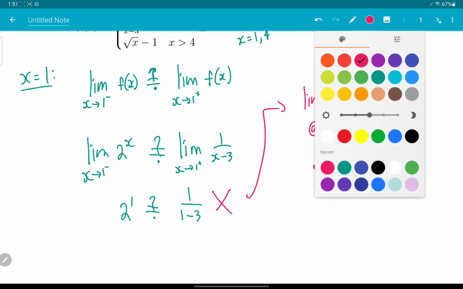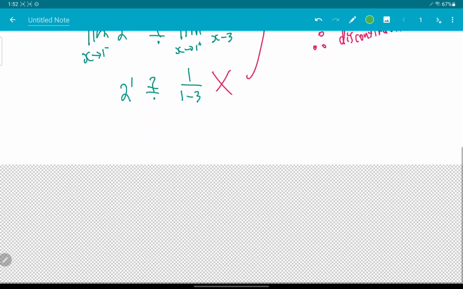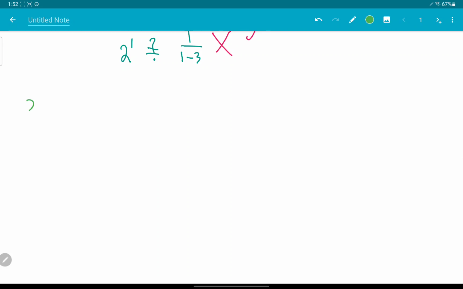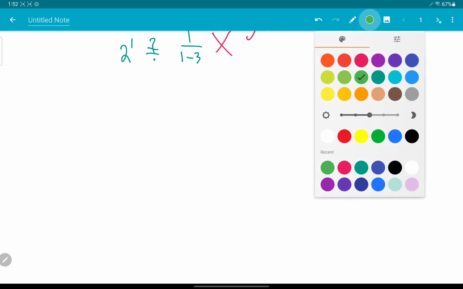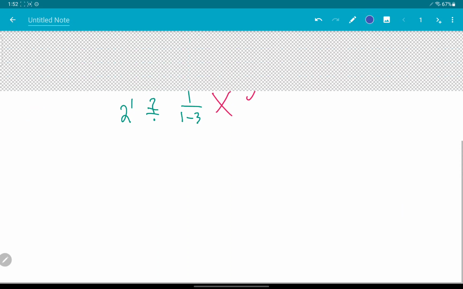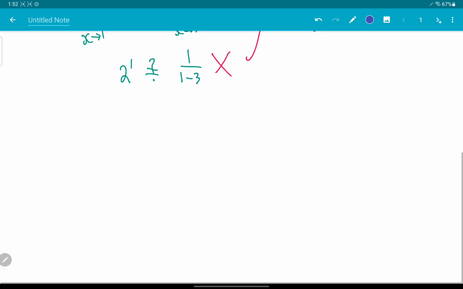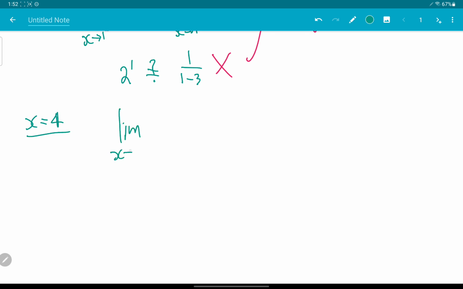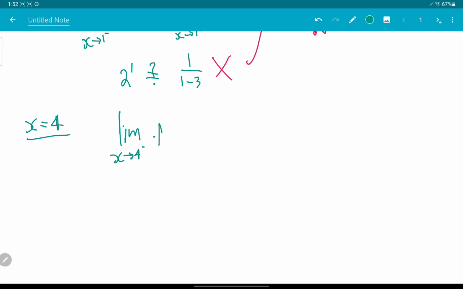Okay, x equals 4. What's happening there? Limit as x goes to 4 from the left. Let's see if that equals the limit from the other way.